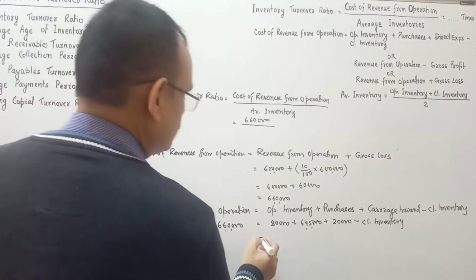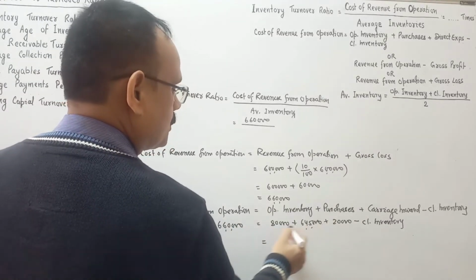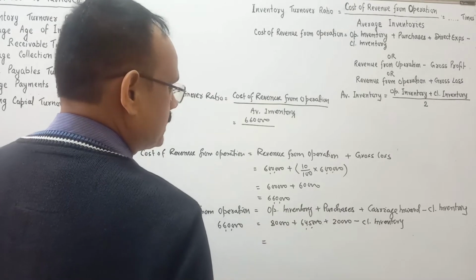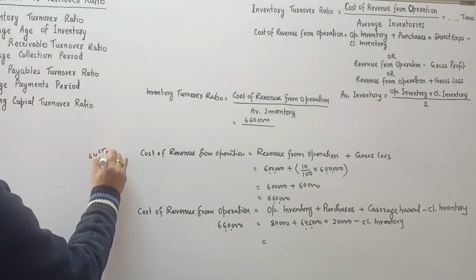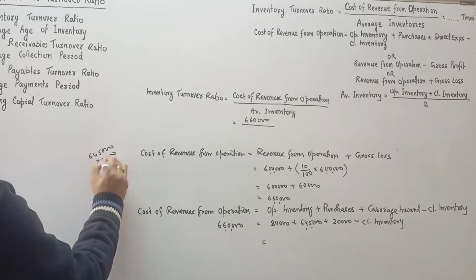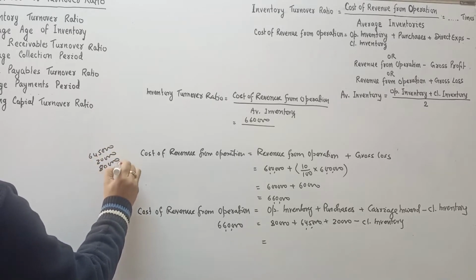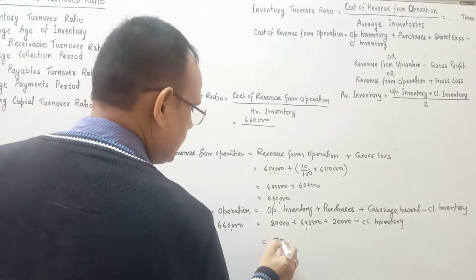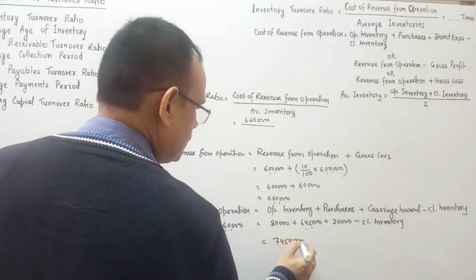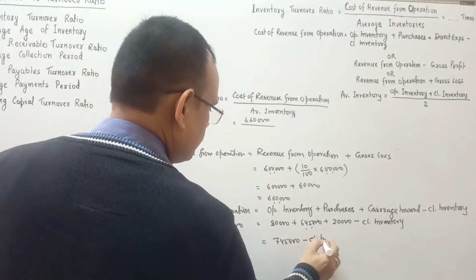Okay, so on this side we do the total of these three: 6,45,000 plus 20,000 plus 80,000. When you do the total of these three, it is 7,45,000, minus closing inventory.